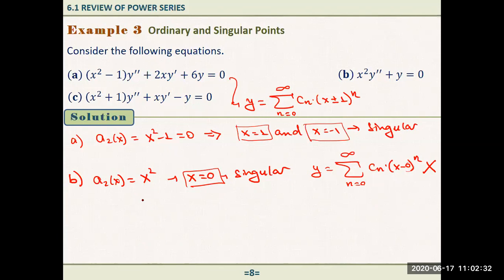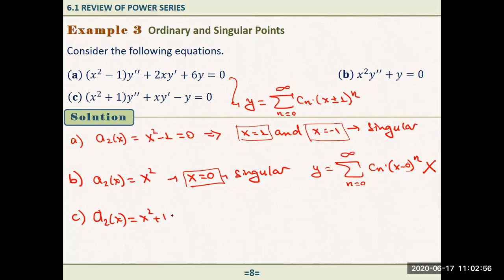Now we'll give the theorem. So see the last problem. How about here? It can also be a complex number. Let me rewrite this. Here we have a sub 2 of x equal to x squared plus 1.